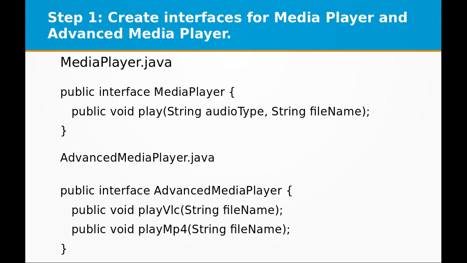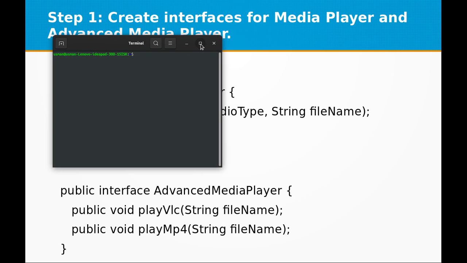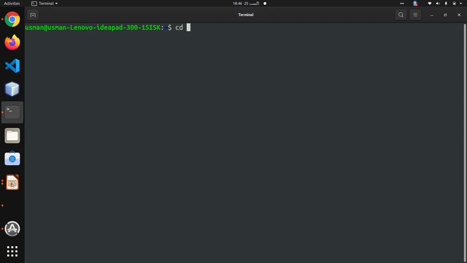So let's go to the terminal and create the required Java files. Okay, here we are in the projects folder, Java patterns, and I'm going to create a new project directory called adapter pattern.